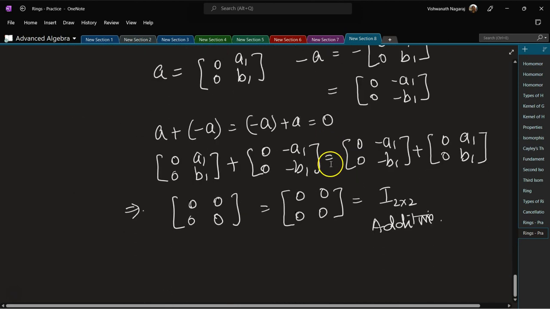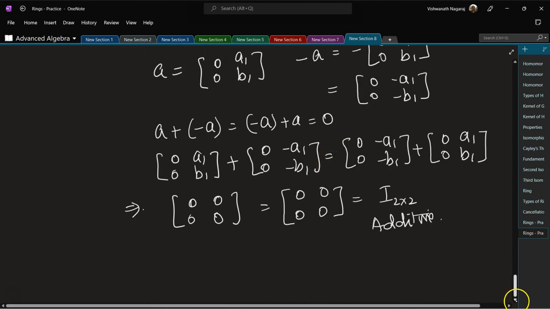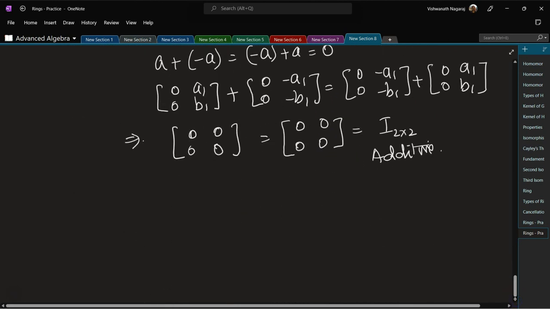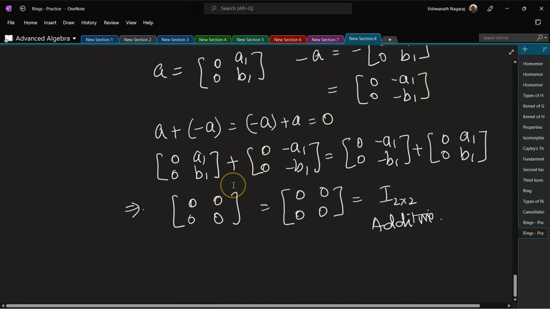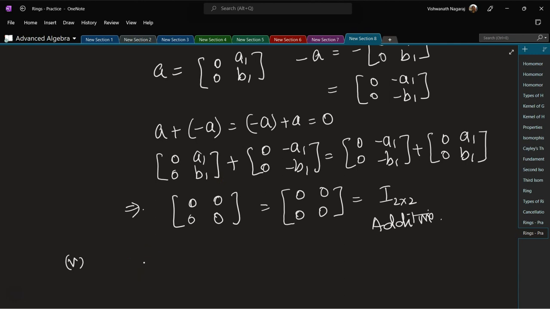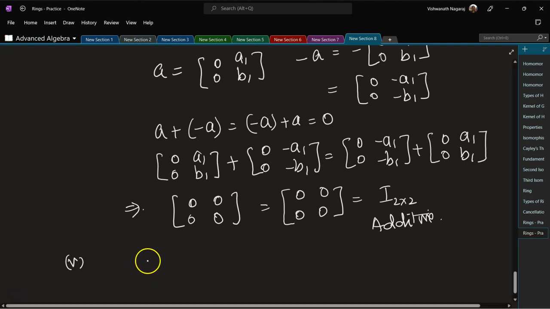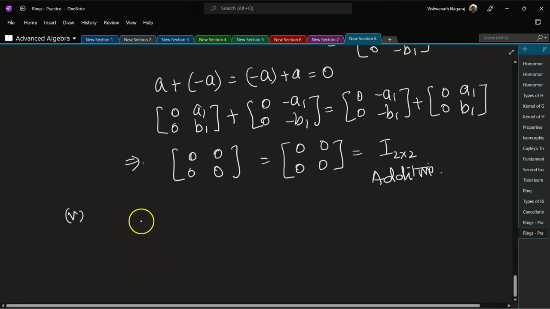Now we have to show addition is commutative. So this is the fifth one. Addition is commutative. So again we require A1, B1.